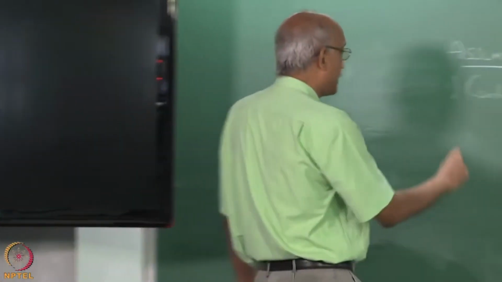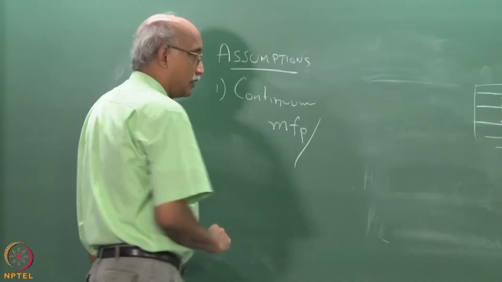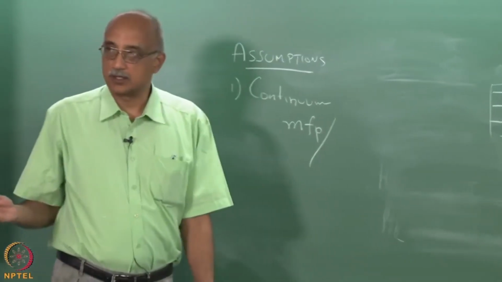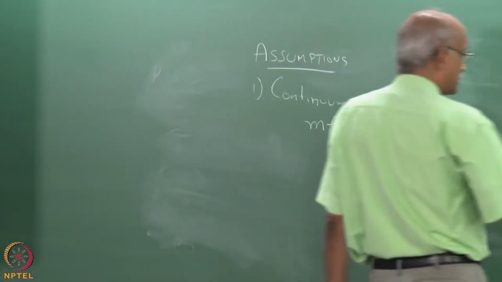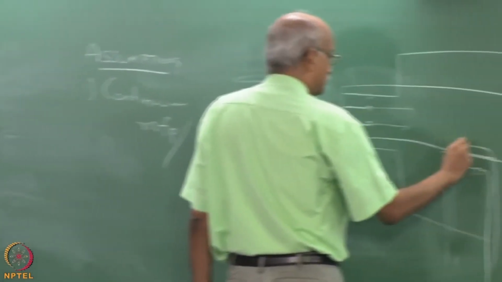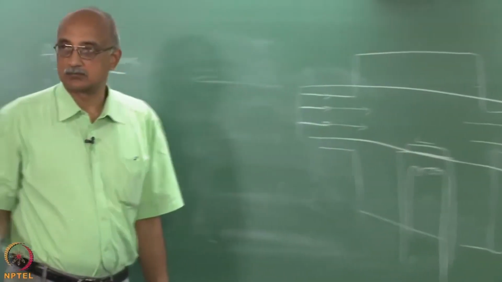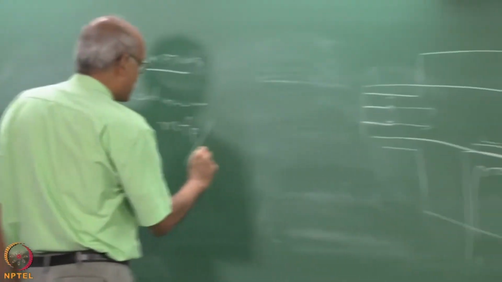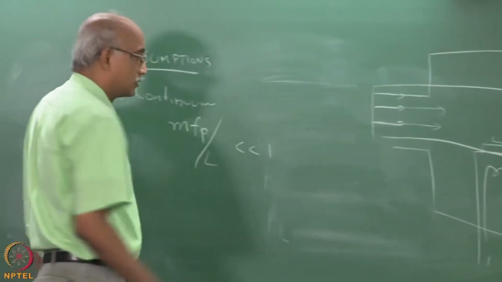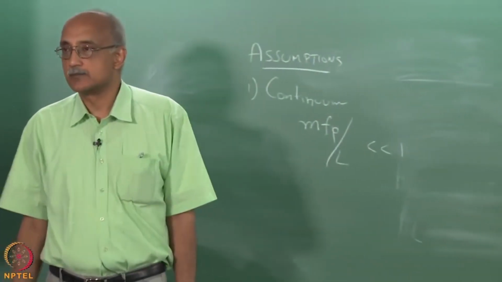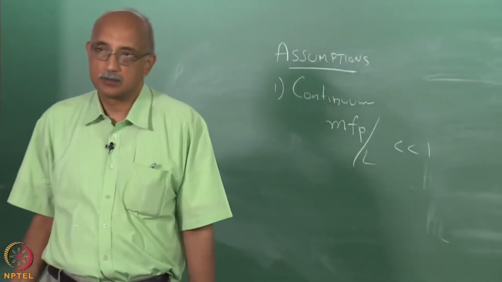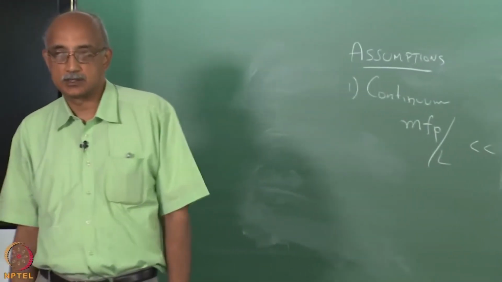So, the mean free path divided by a characteristic dimension of the reactor, let us say that we take that as the length of your substrate, must be much less than 1. So, that will yield continuum conditions.